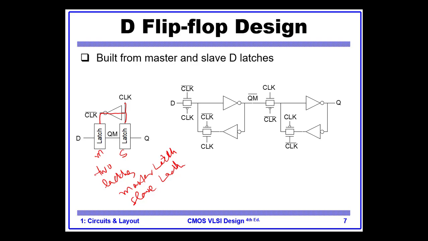If one is transparent, the other will be in memory or storage mode. If master is transparent, slave will be in memory mode. If master is in memory mode, slave will be transparent. Okay, so this is how the master-slave works.